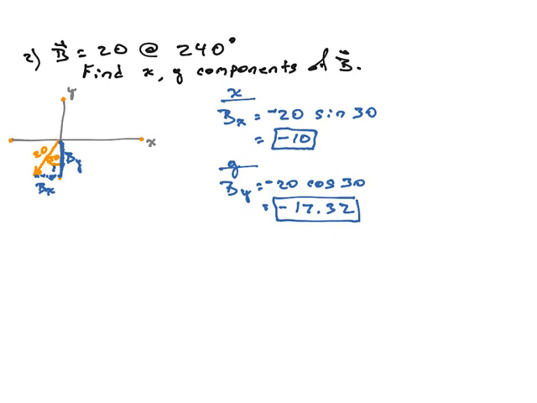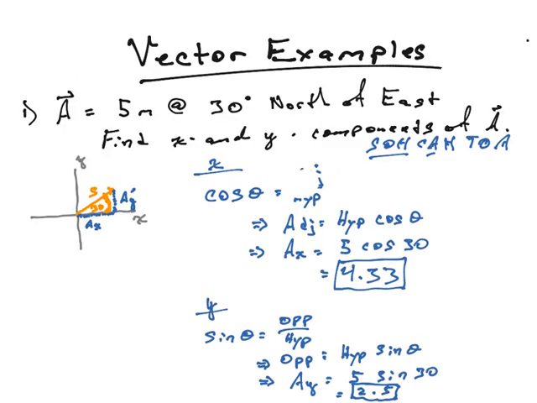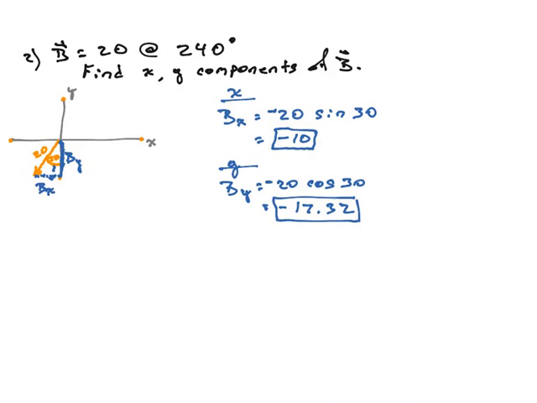If it's opposite to the angle, then it's sine. And you can see in example 1, the x component used cosine, whereas in example 2, the x component used sine. So you can't always use just cosine for x and just sine for y. You have to see for your particular problem which you're going to use.